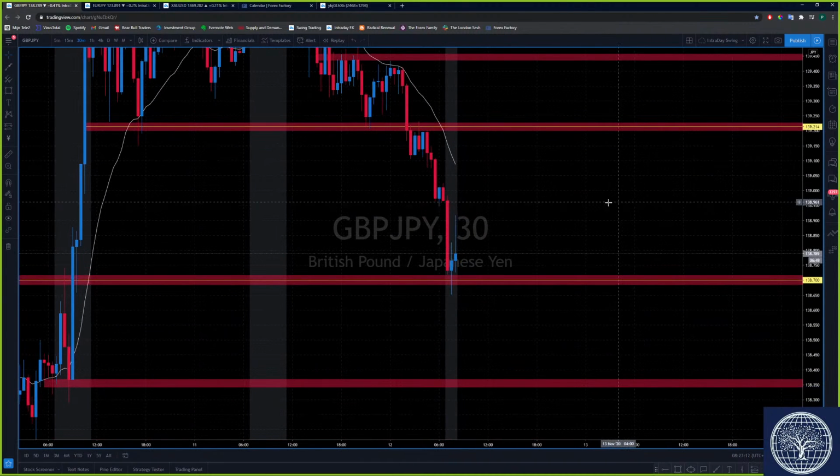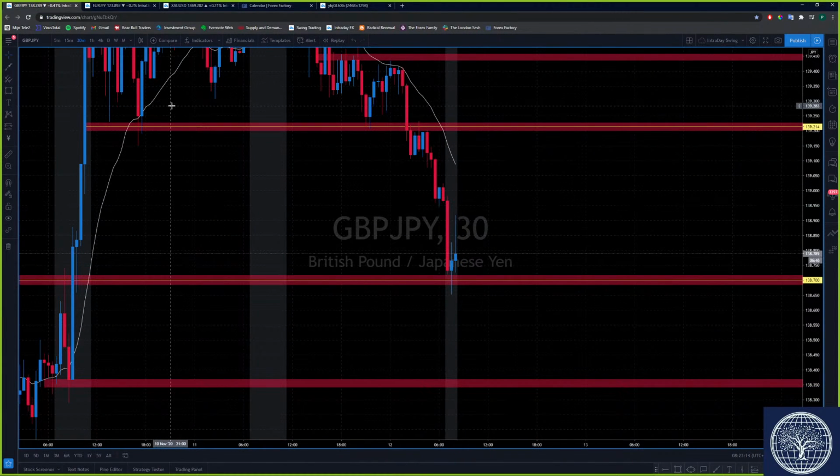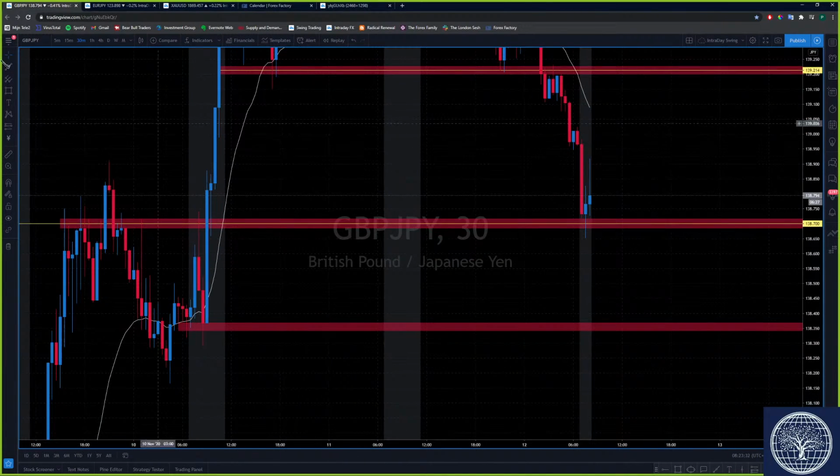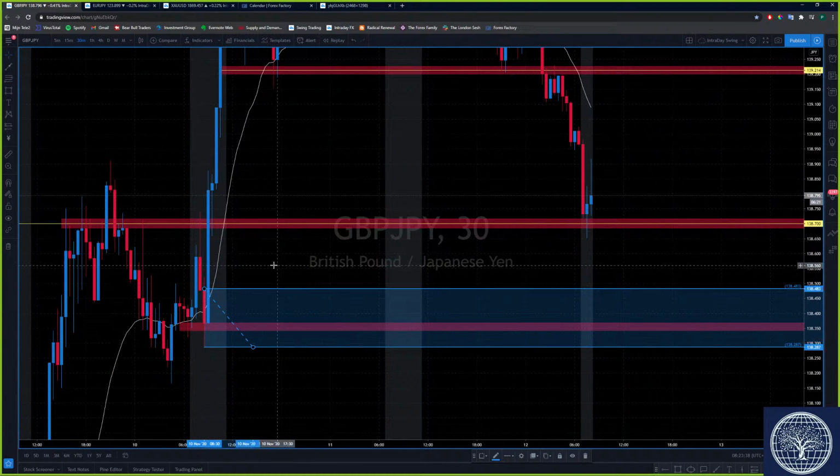I think if you want to take trades using buy limits and sell limits, you need to use supply and demand, not support and resistance. Because with supply and demand, let's say for example, I'm randomly drawing a demand zone.